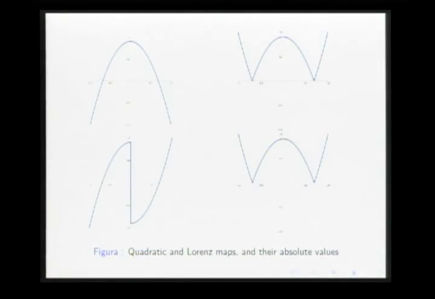Why? Because, for example, if we think that you have a quadratic simple family, like this here, and think about the symmetric Lorenz here, okay? You just cut this and twist the right side, having this.